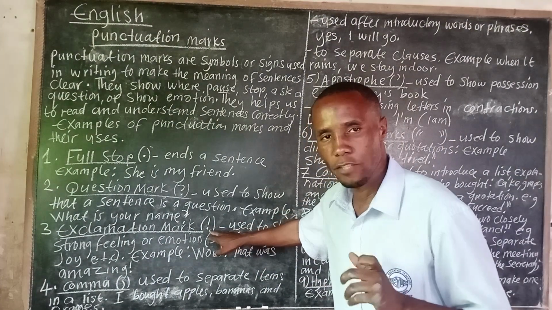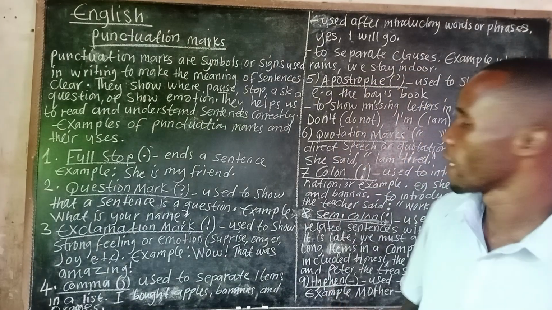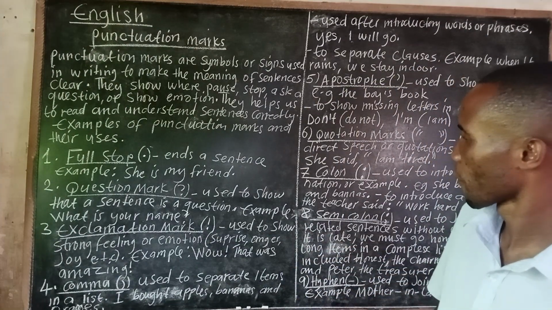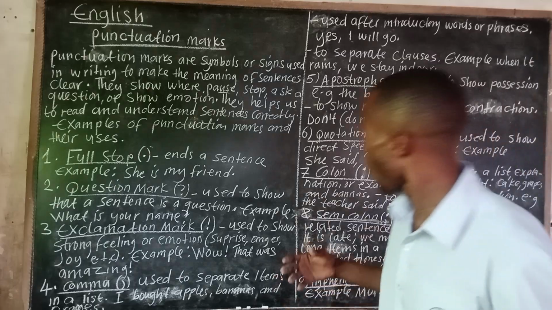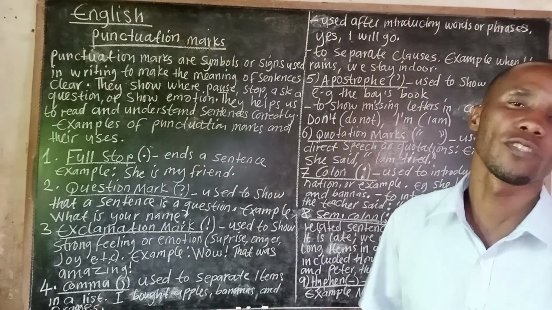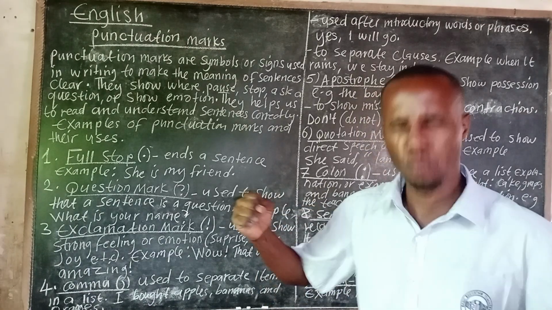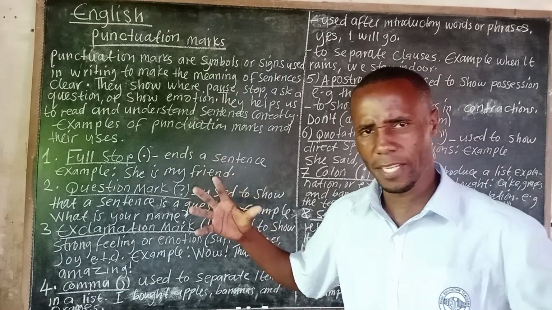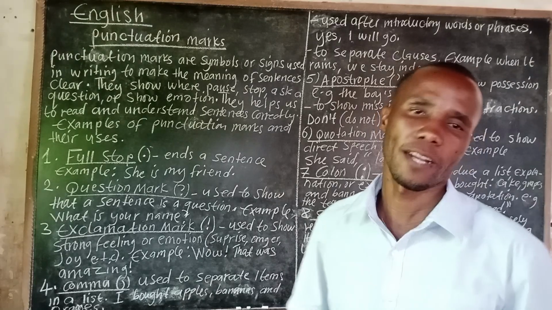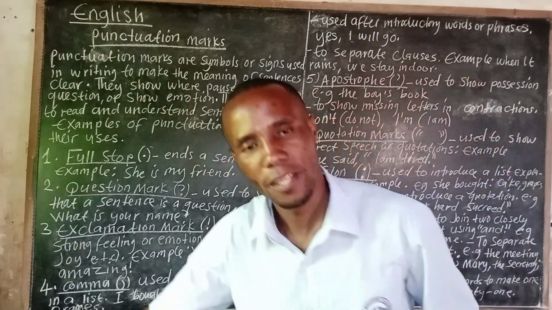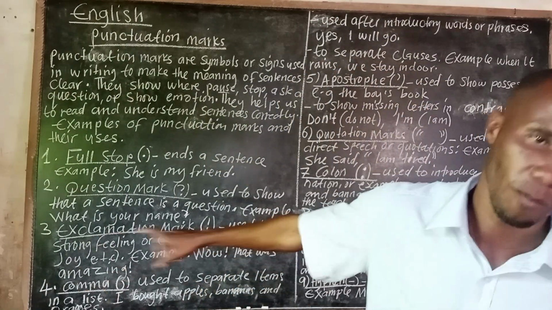The punctuation mark that you can use is the exclamation mark. For example, wow, that was amazing! Wow, so it's very strong. You have to show an exclamation mark, showing that this sentence is strong.